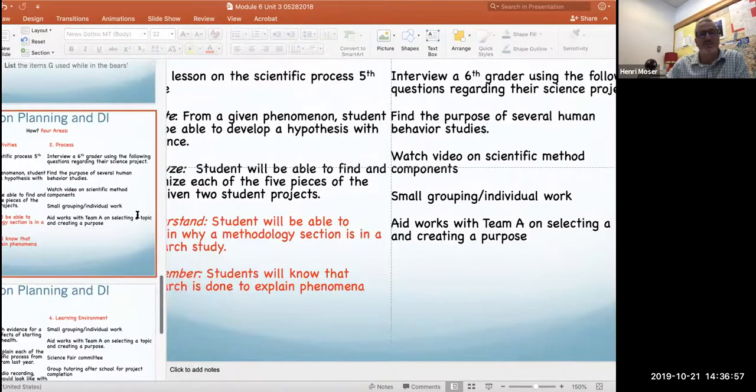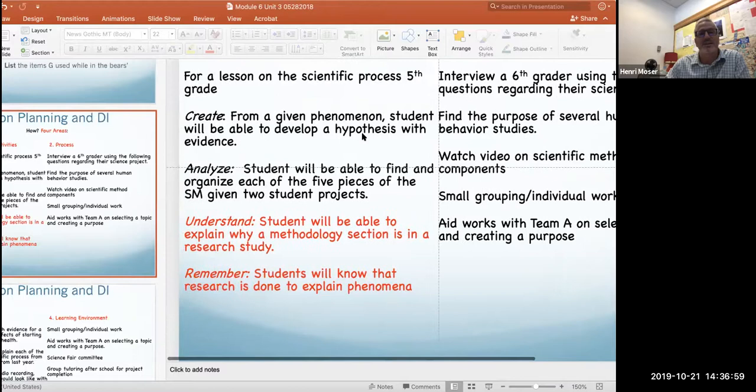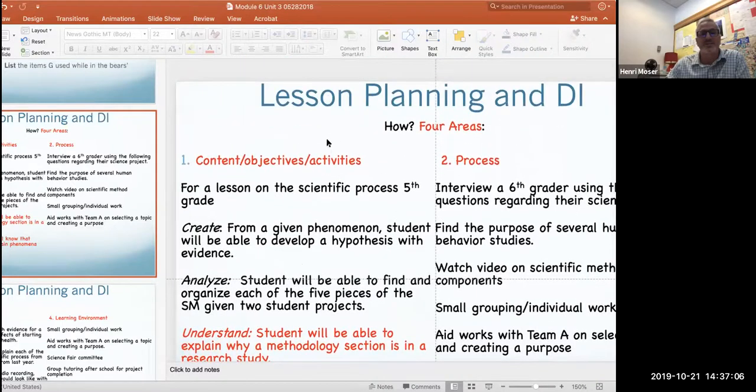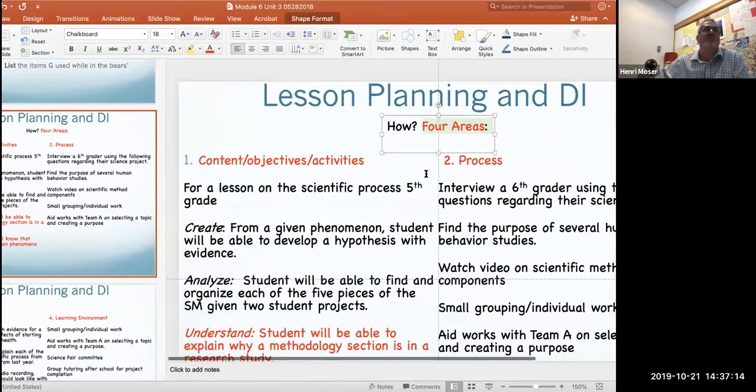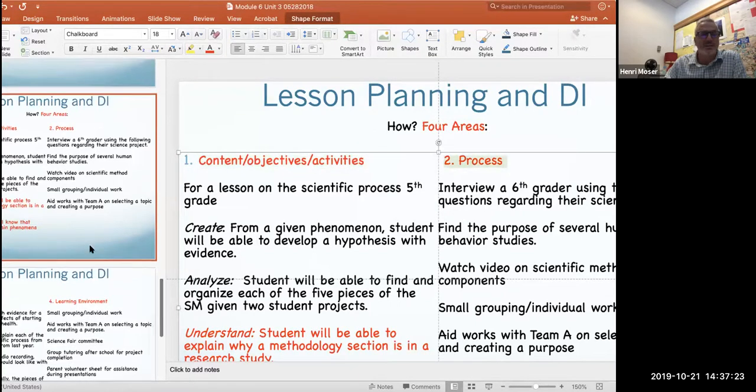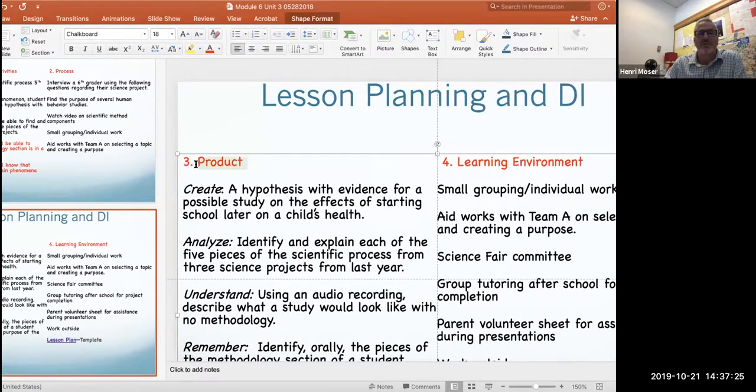And I'm not going to go too much into this slide because we've definitely hit on this over and over again. But when we think about differentiation, we look at the 4 areas of differentiation. So not only are we differentiating lessons, but we can break it down into 4 different specific areas. We vary the content, we vary the process, the delivery, we vary what they're going to do, and we vary the environment in which they're going to learn it. Okay?